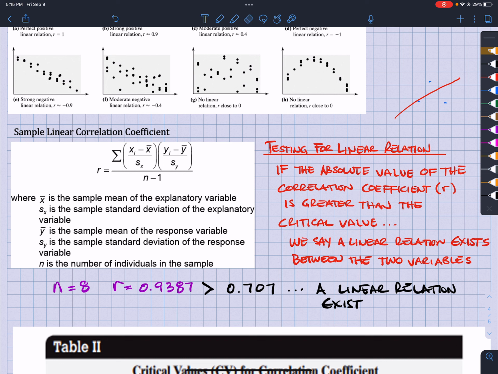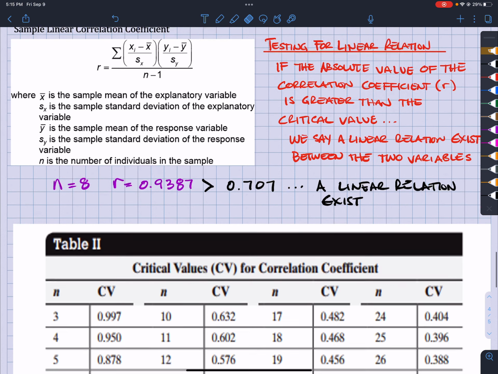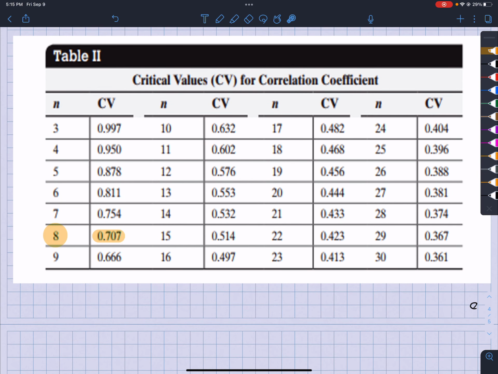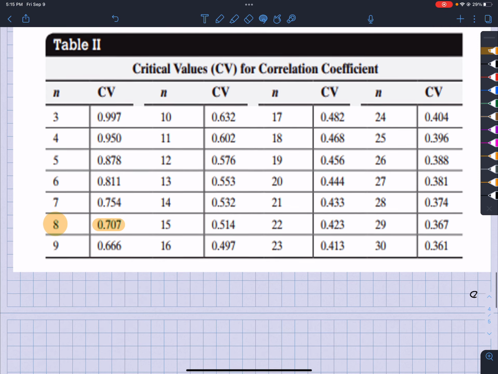So because of that reason, you see that their critical value for 3 points is really, really high, because you got to be pretty darn perfect to know that it is linear, right? Those 3 points better be right in line with each other for it to be absolutely linear, where I can actually draw a line that will go through all 3 points. So those 3 points better be pretty darn perfect, all right?